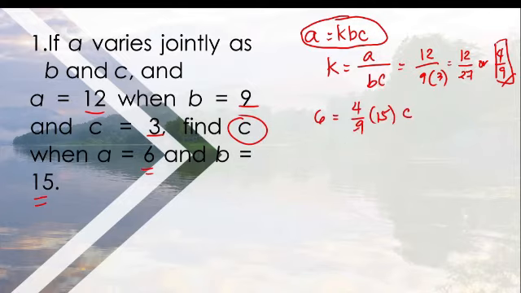Pwede nating simplify itong 9 and 15. So, by dividing them by 3, so this is now 3 and then 5. Tapos, this is now 6 equal to 4 times 5 is 20 over 3C. So, to get C, divide both sides dun sa kasama niya, 20 over 3.